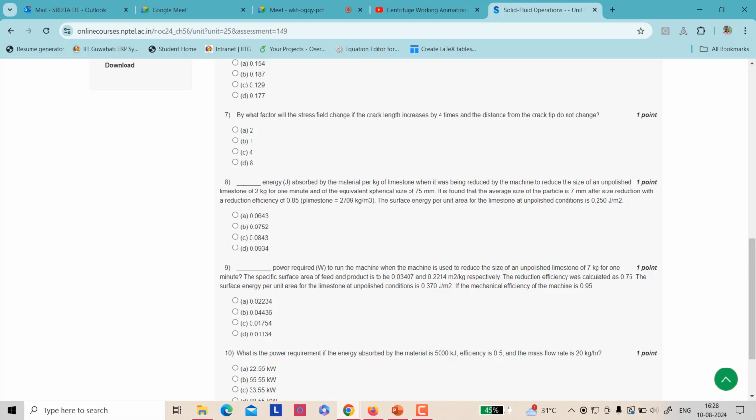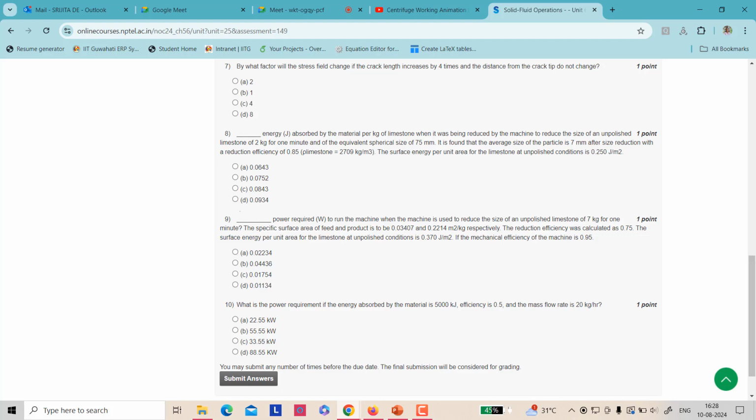Now in the number 8 question, what is the problem? Please solve. I have solved but not sure. How did you solve it?